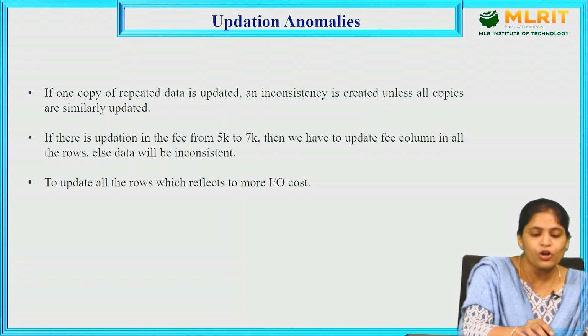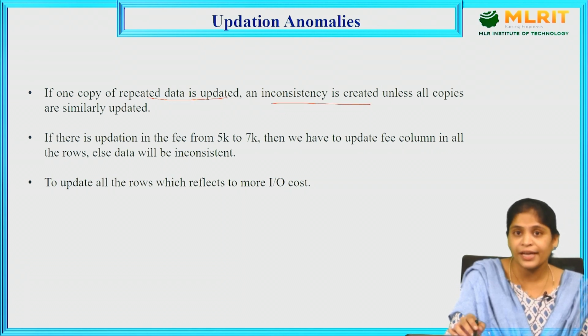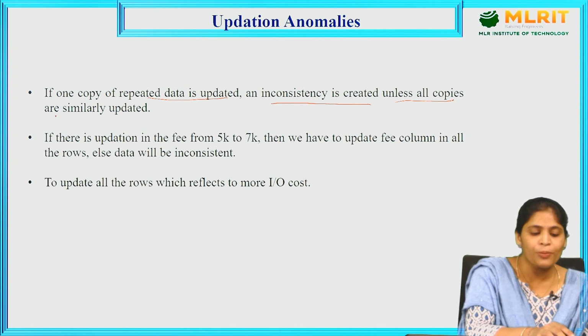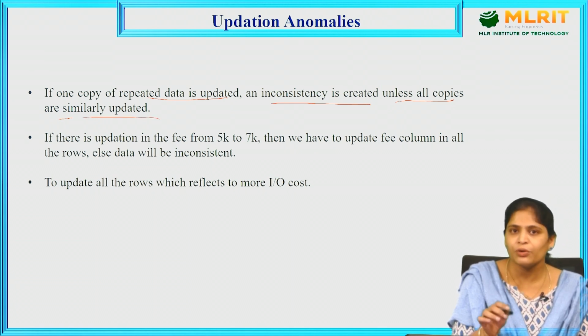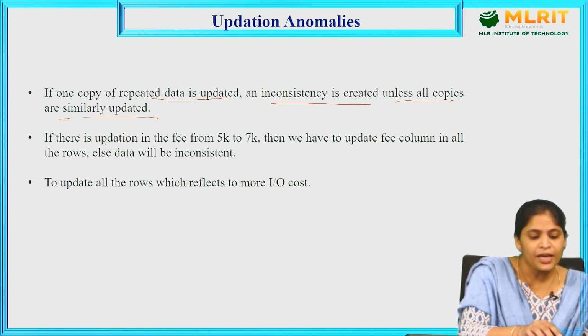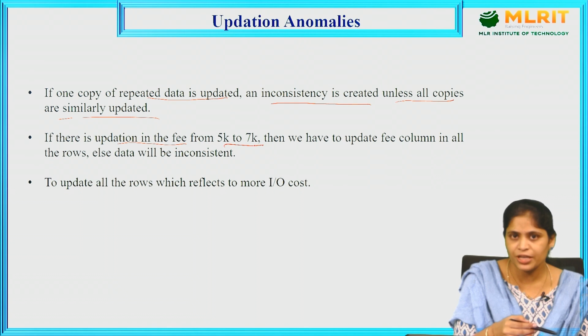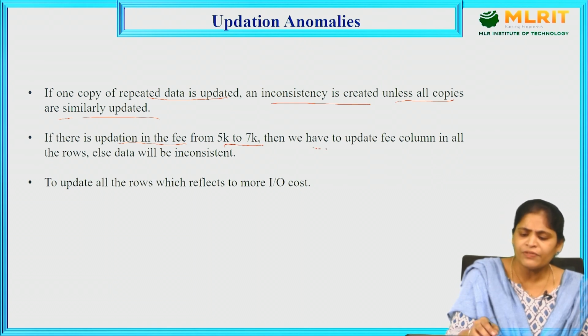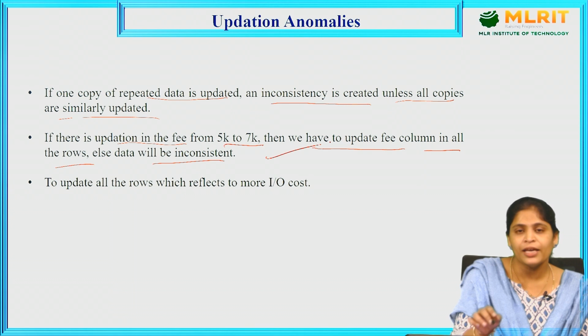So if one copy of repeated data is updated, an inconsistency is created unless all copies are similarly updated. Until and unless all copies are updated, the data will not be consistent. If there is updation in fee from 5k to 7k, as in the same example discussed now, then we have to update the fee column in all the rows, else the data will be inconsistent.